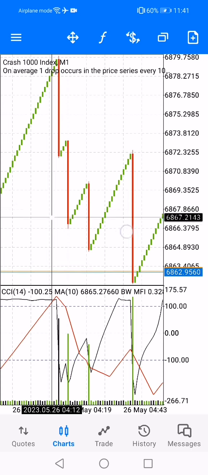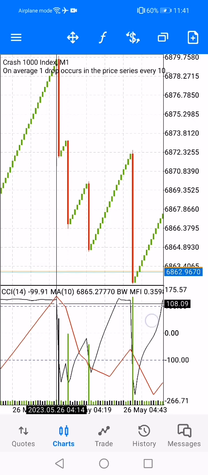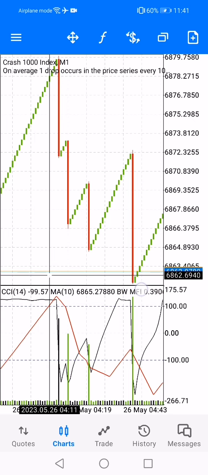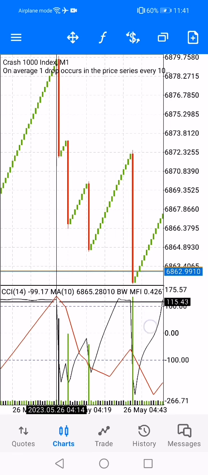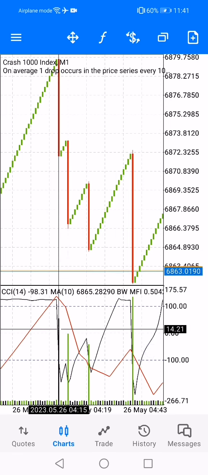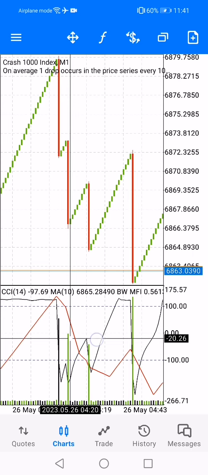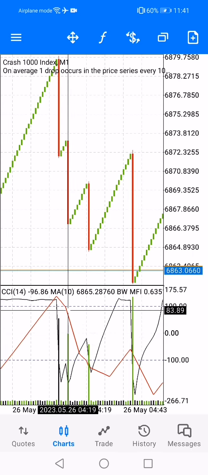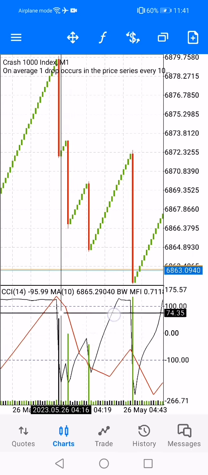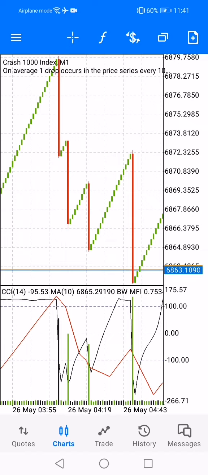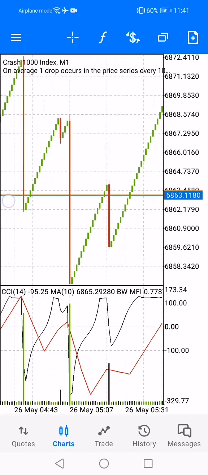So remember I said the market facilitation index measures the strength of a trend, okay? So if you get a black line, you can just wait a bit longer and see, okay, I'm going to get another spike or another drop since this is crash. So these are drops. For boom it is spikes, okay? So if you get the black one, you know another spike is coming, okay? Or this strength, okay? You see.